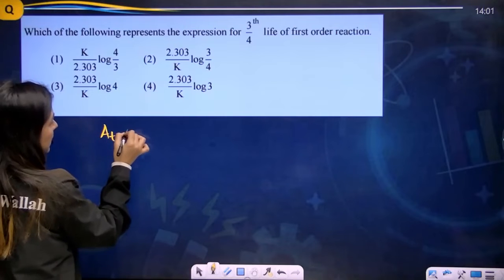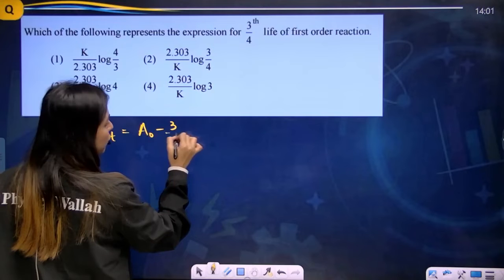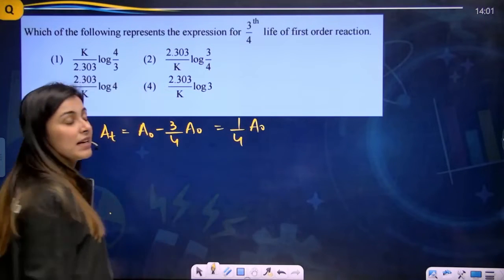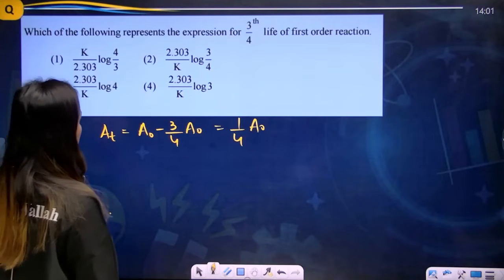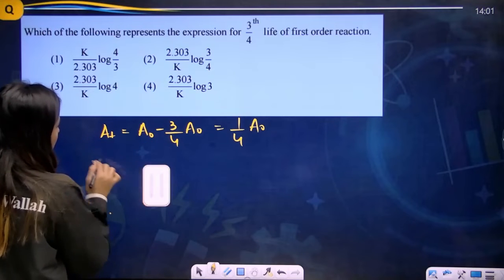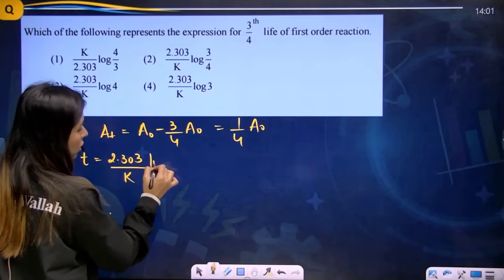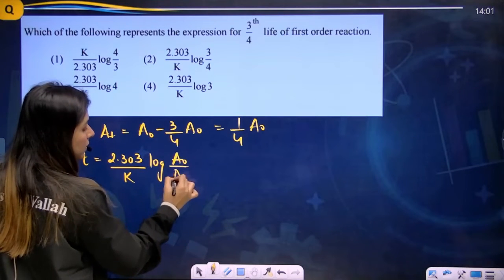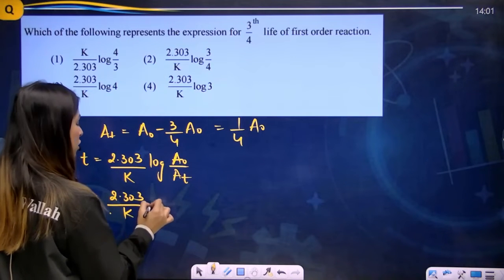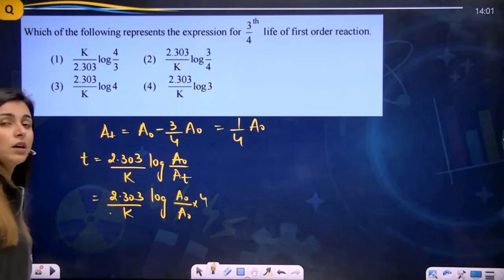And what is A? A is the initial amount minus how much has been consumed? 3/4 of the initial amount. So 1/4 of the initial amount is left, and A naught is your initial amount. From the integrated rate law, I know that t is equal to 2.303 upon k log A naught upon A. Here, this would be 2.303 upon k log A naught upon A naught by 4, so it will come out to be 4.